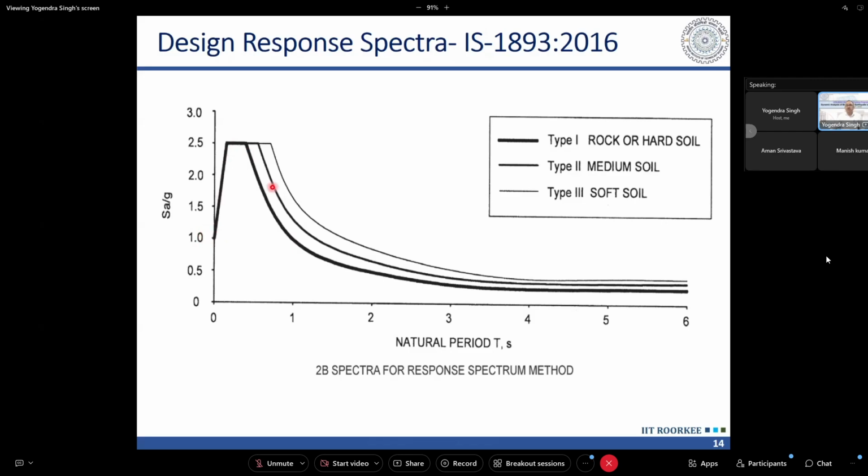But this will be the shape. It is not a response spectrum, but a spectral shape. So what is given in the code is actually a spectral shape. If you multiply it by the corresponding ZPA or zone factor, then it will become a response spectrum.